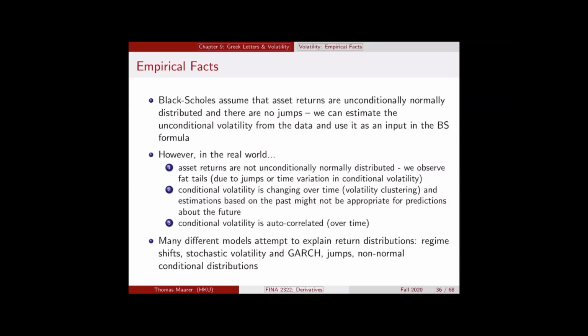What we know from the data is that we do have these returns, and there are many different models which try to explain that. And one of the very popular models is called the GARCH model, and that's actually a model where Robert Engle earned the Nobel Prize in economics to model these volatilities.